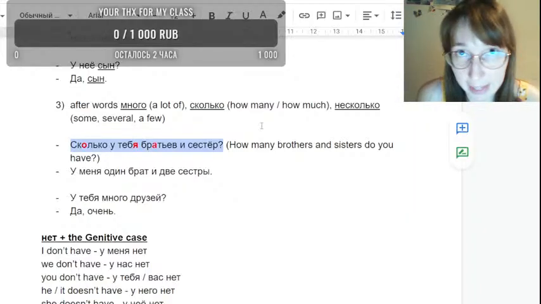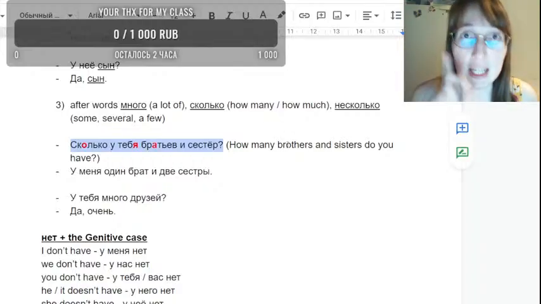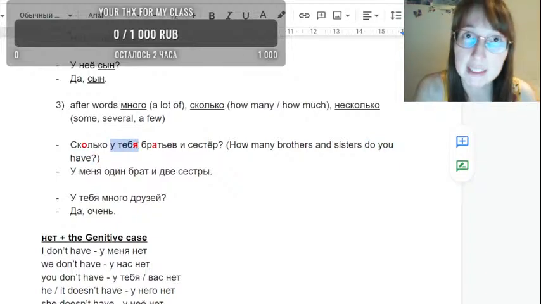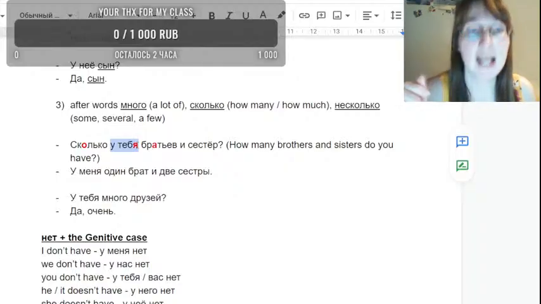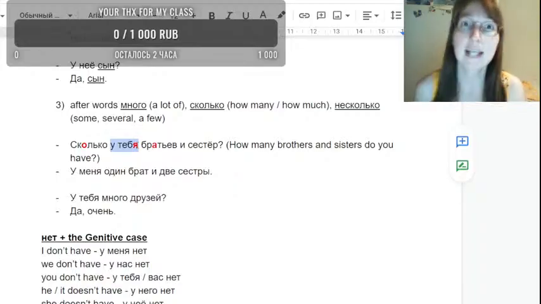We don't say like that. Also, look, in English, do you have is at the end of the question. But in Russian, we say у тебя before братьев и сестер, okay? It's not at the end. We don't say сколько братьев и сестер у тебя. We can say like that.